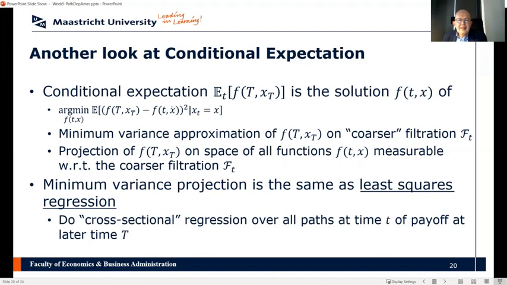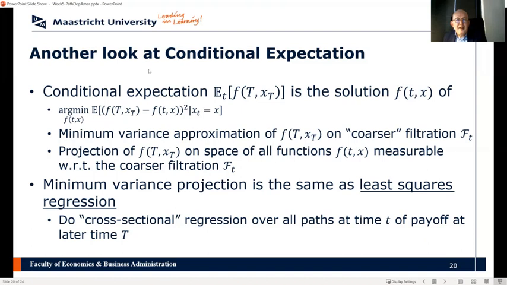I want to find that function f, measurable at this earlier time point, so that it only depends on information at the earlier time point small t, that is as close as possible to the later payoff at time capital T. Obviously, because I'm missing information and I'm earlier in time, there is no way I can get a perfect match.